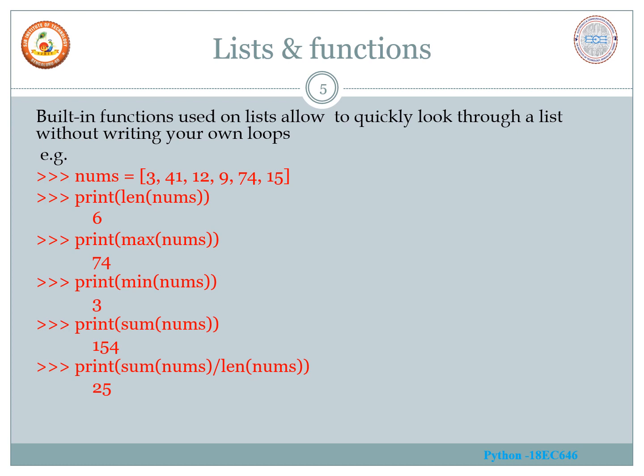Let us discuss lists and functions. There are a number of built-in functions that can be used on a list, which allow us to quickly look through the list without writing your own loops. Say, for example, we have a list comprising a set of values.